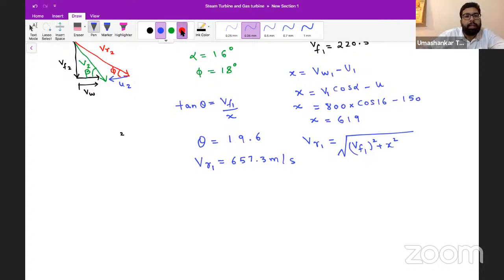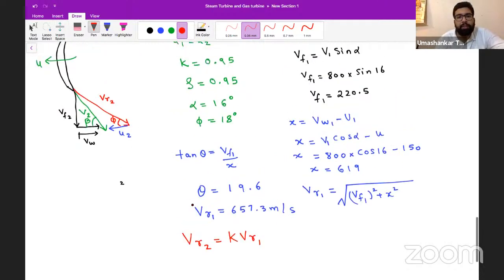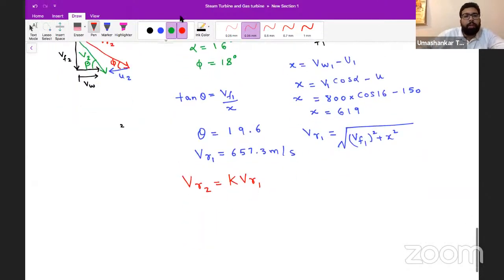Now tell me what will be the value of VR2. How do we calculate VR2? VR2 is equal to K into VR1, and we have this value of K as 0.95. So VR2 is 0.95 of VR1, that is 0.95 of 657.3.